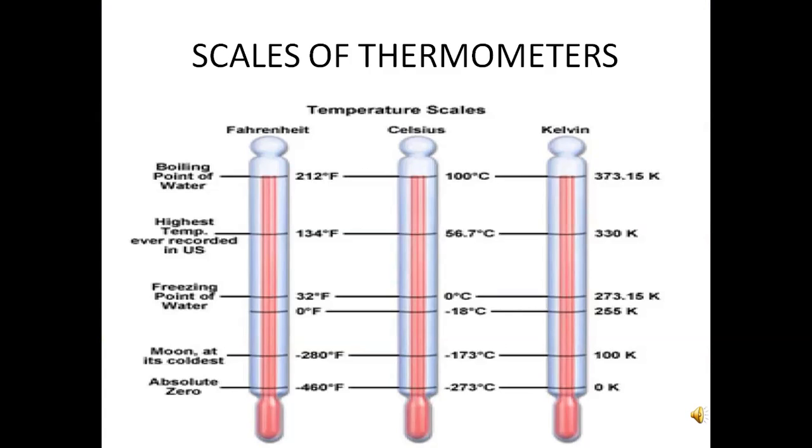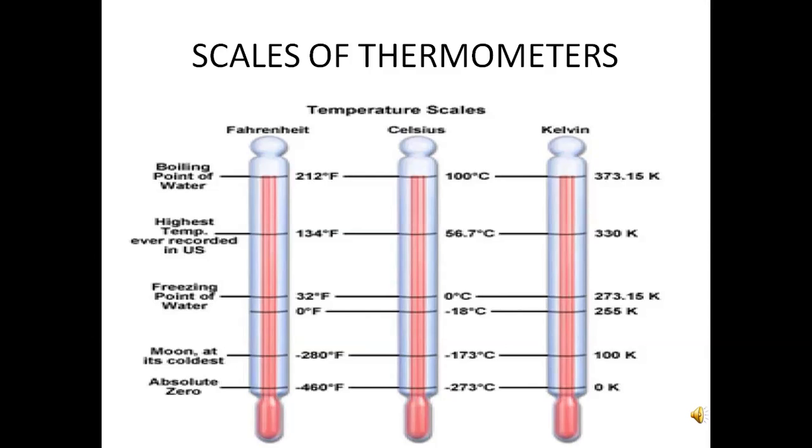In Celsius scale, boiling point of water is 100 degrees Celsius, and in Kelvin scale, the boiling point of water is 373.15 Kelvin. And highest temperature ever recorded in US in Fahrenheit scale 134 degree Fahrenheit, in Celsius scale 56.7 degree Celsius, in Kelvin scale 330 Kelvin.